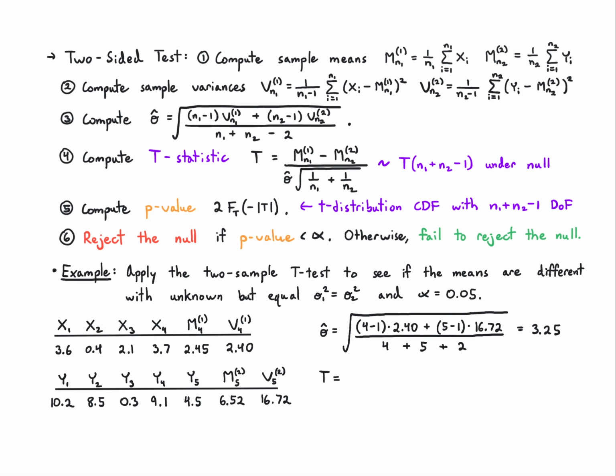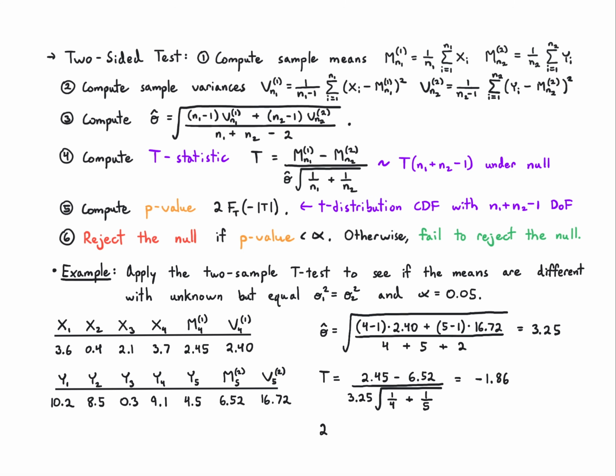So my t-statistic is the difference of the sample means, 2.45 minus 6.52, divided by this sigma hat, which is 3.25, times the square root of 1 over n1, which is 4, plus 1 over n2, which is 5. That's the number of points in each data set, 4 and 5. If you go through this, you get minus 1.86.